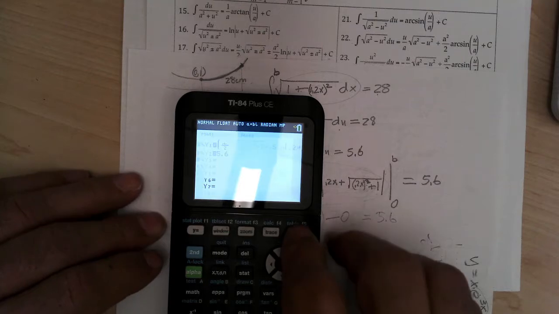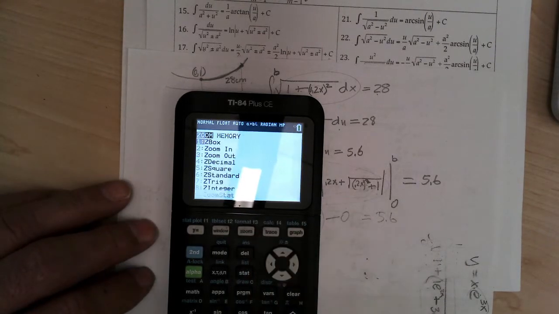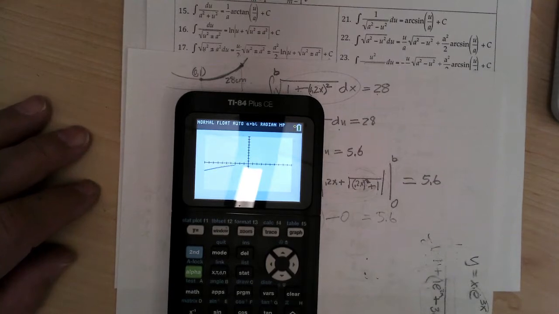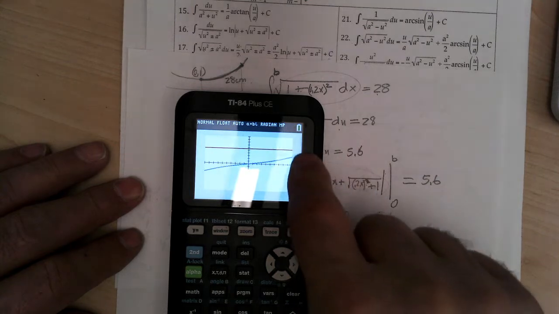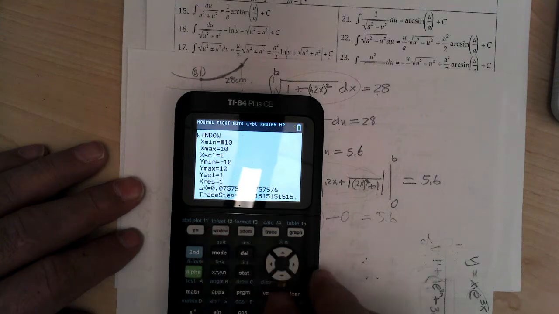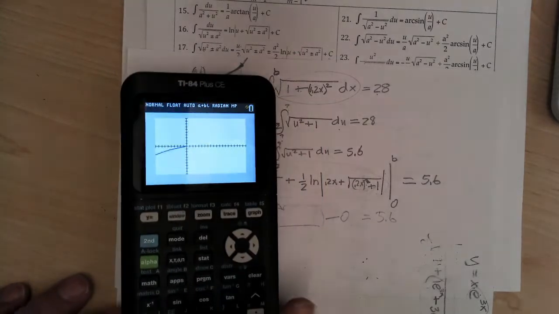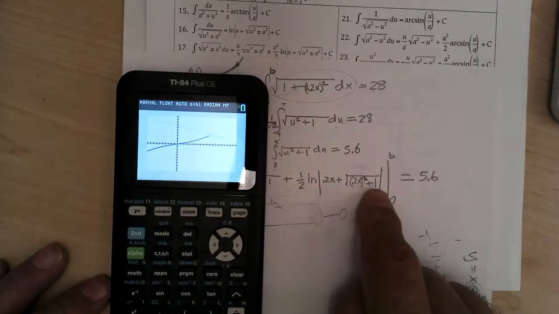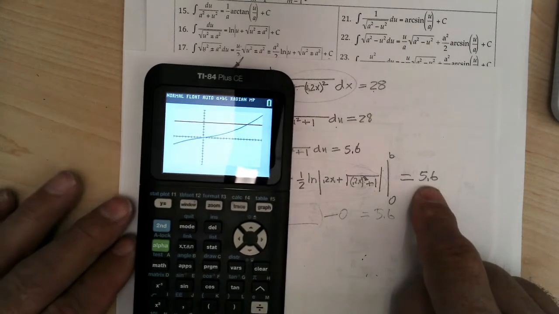So I'm going to graph on zoom 6. There's this side with that, and there's the 5.6. It intersects further out, so I have to go to my window and go to bigger x's, like to 20. And now I graph. That's this side. There's the 5.6.